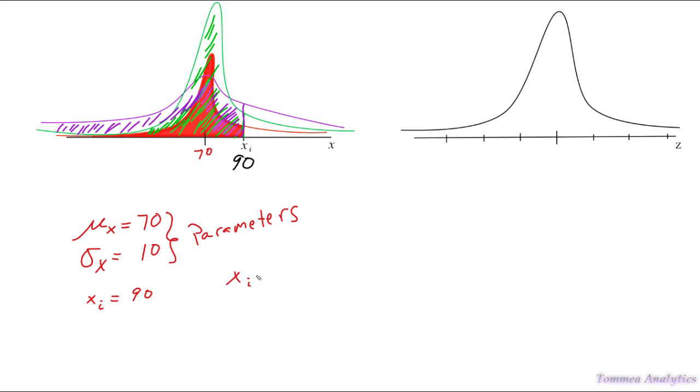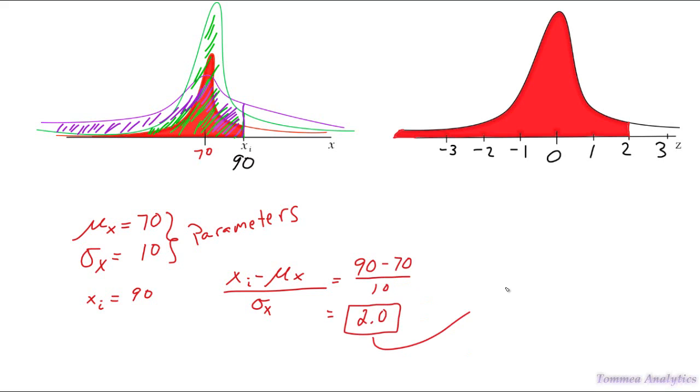Take the observed value and subtract the population mean of the variable x, divided by the population standard deviation of the variable x. And this is equal to 90 minus 70 divided by 10, which is simply equal to 2. And that is our z-score.